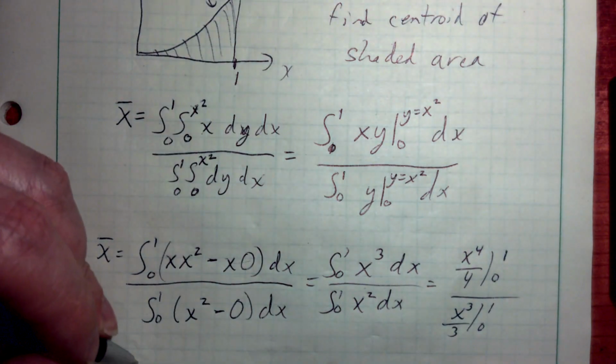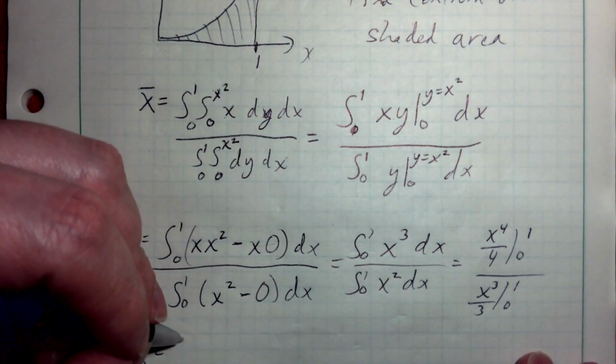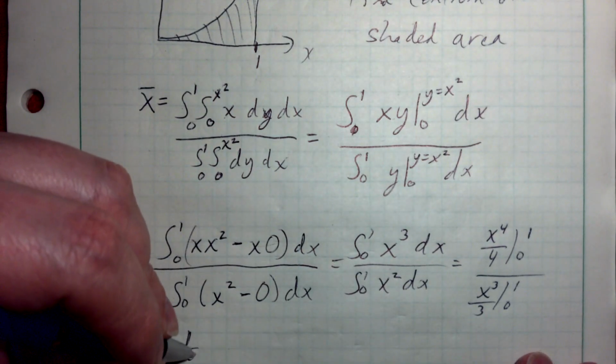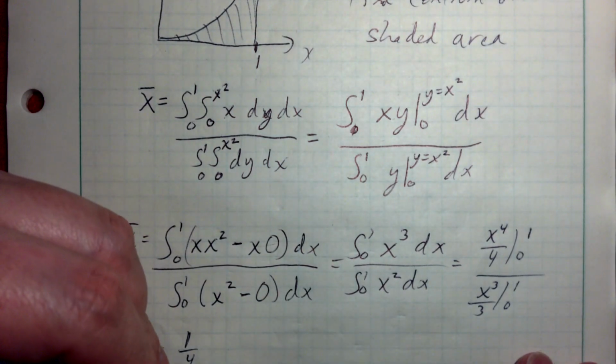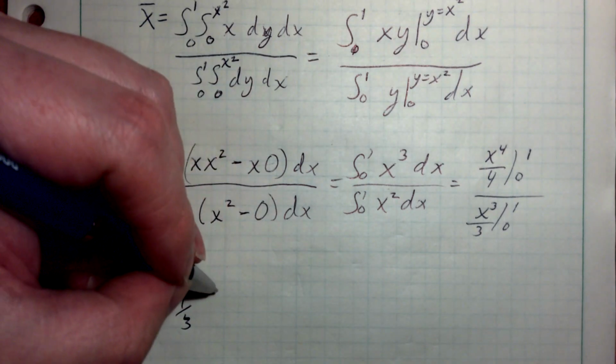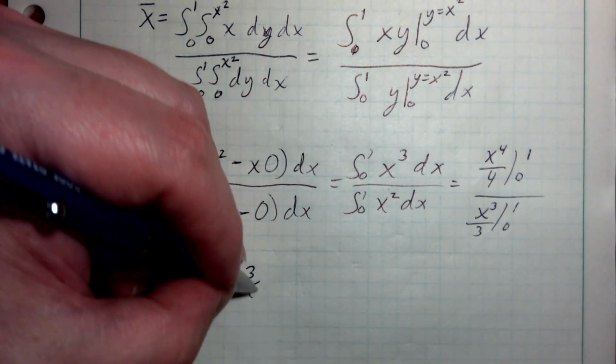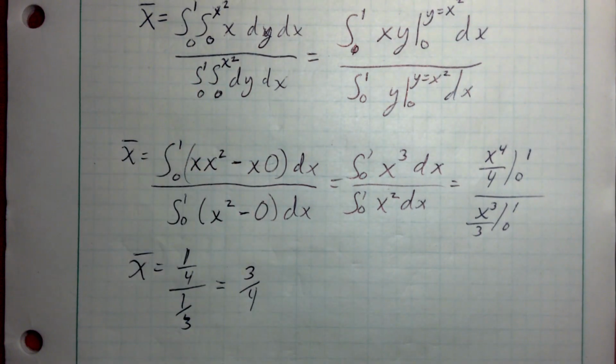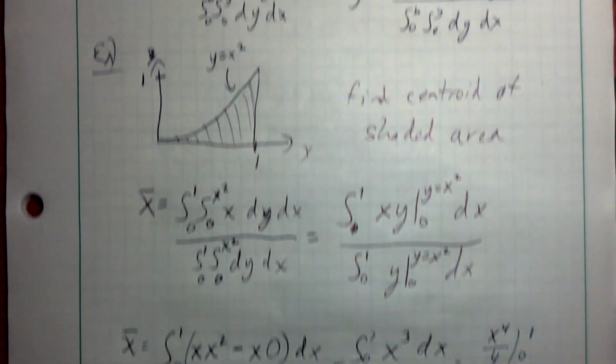Okay, so what do I get here? I get x bar ends up being basically 1/4 divided by 1/3. Complex fractions tells me that is 3/4. Steve, what the heck does that mean?